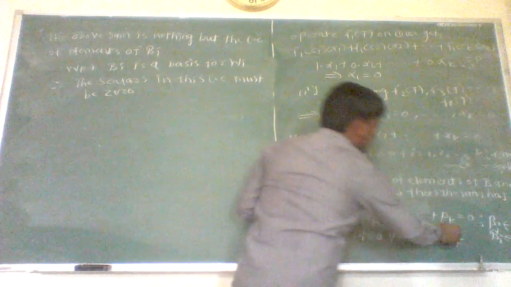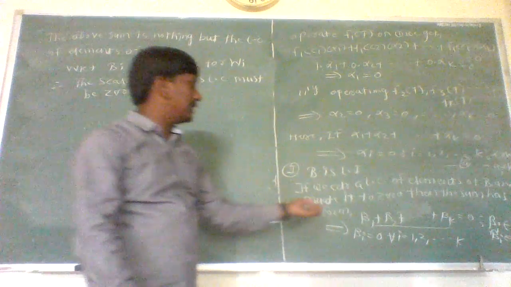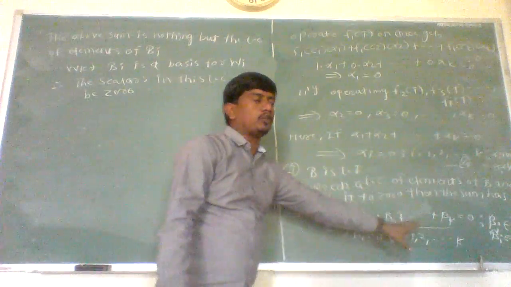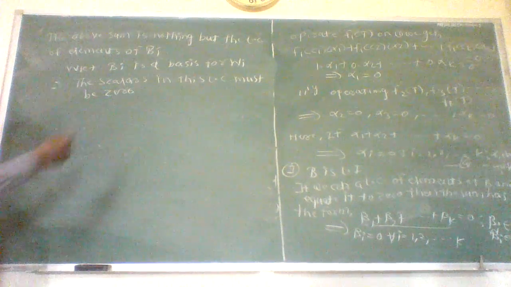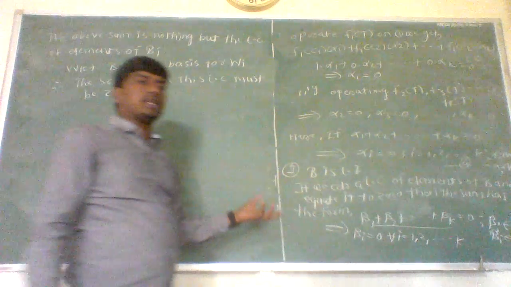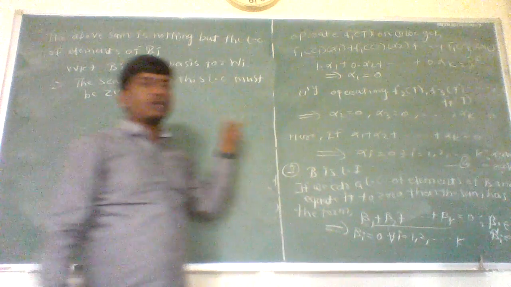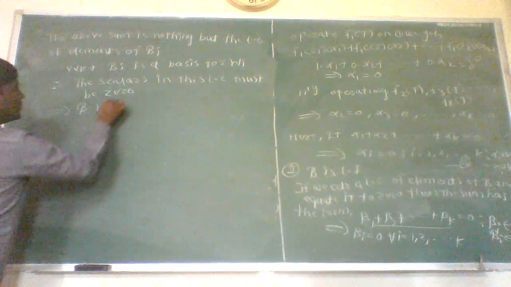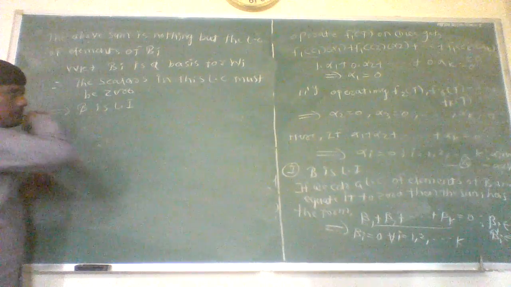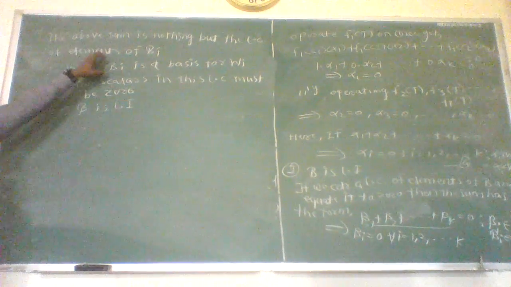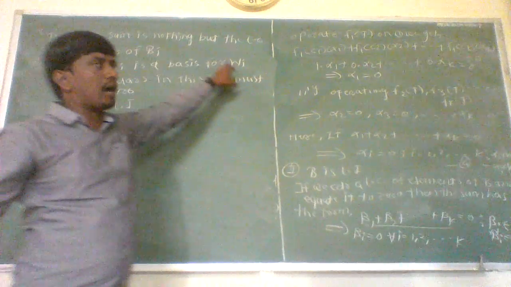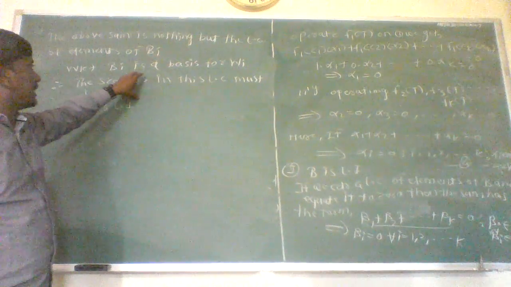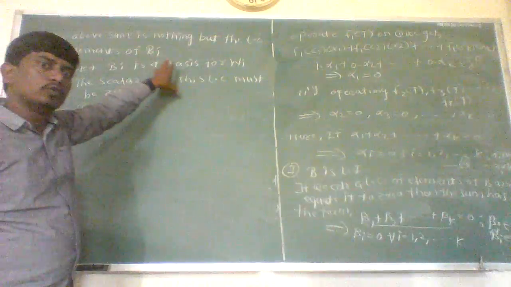Therefore it is actually the sum for W, and each scalar will be equal to 0. As each scalar is equal to 0, by the definition of linear independence, the given set curly B is linearly independent. Since each Bi is a basis for Wi, each scalar in the linear combination must be equal to 0.